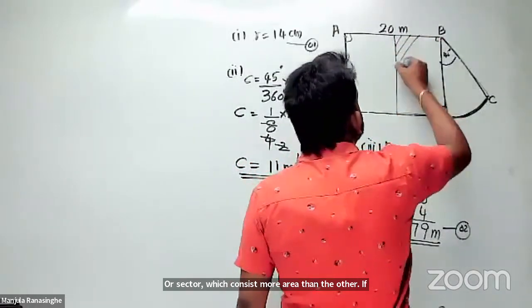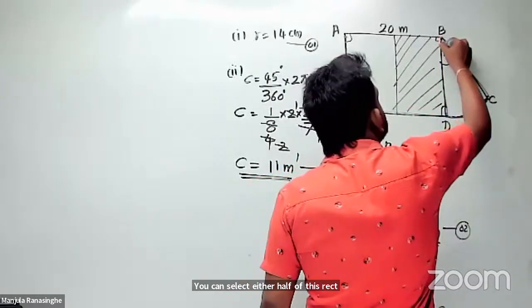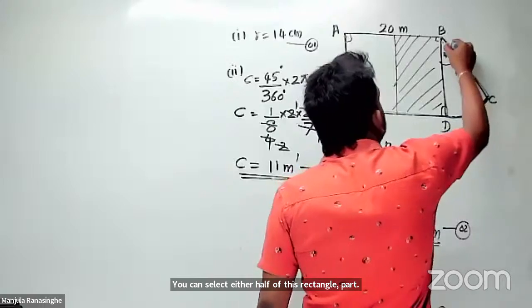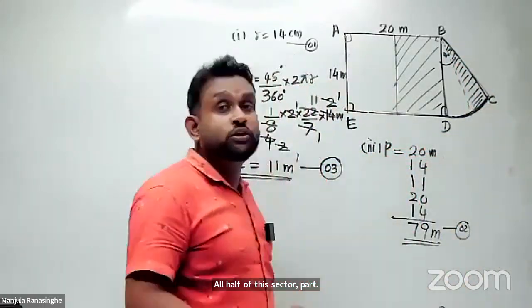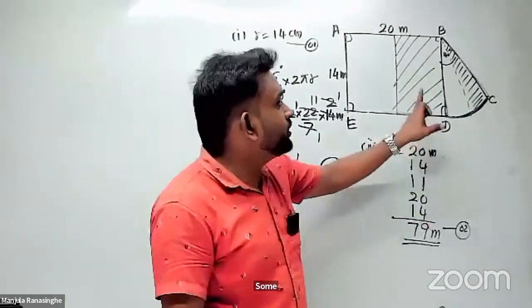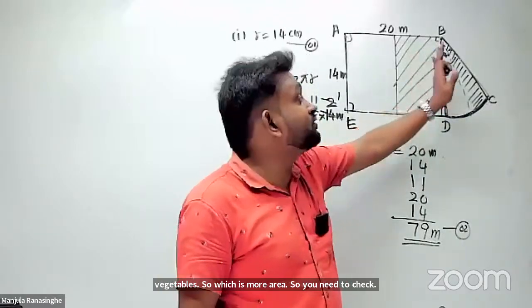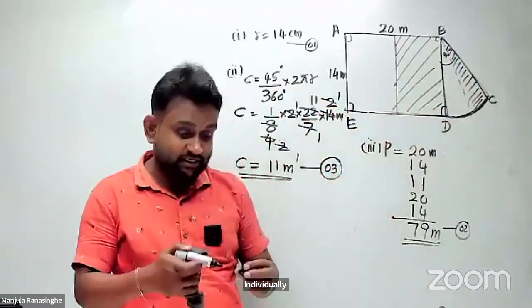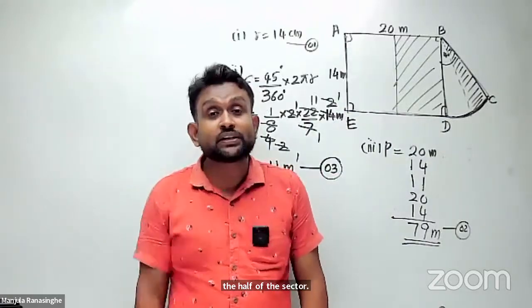You can select either half of this rectangle part or half of this sector part for growing some vegetables. So you need to check individually half of the rectangle area as well as half of the sector area. Then choose the bigger area.